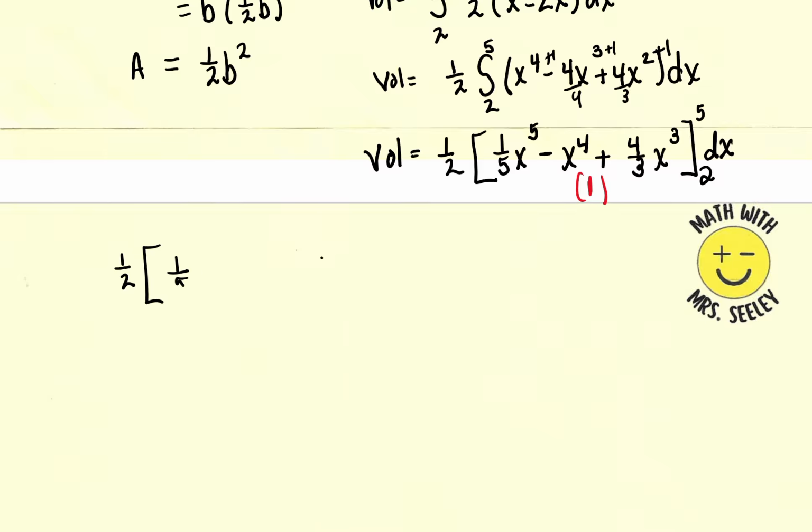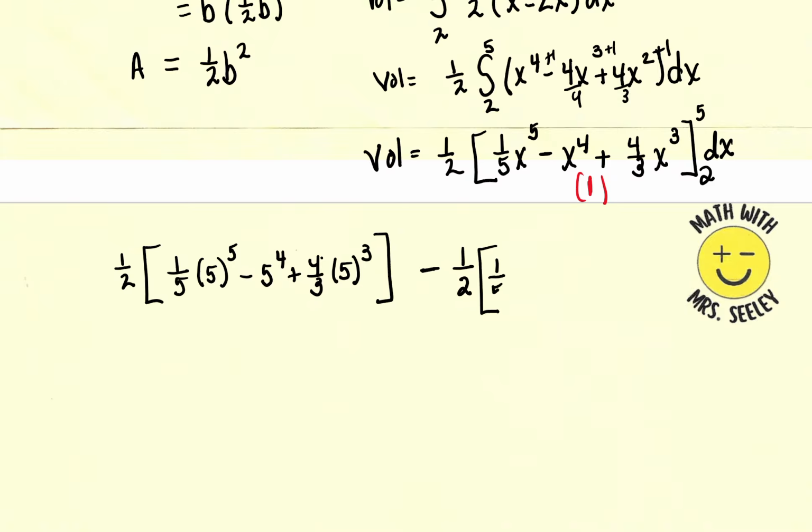So that's 1/5 times 5 to the 5th, minus 5 to the 4th, plus 4/3 times 5 to the 3rd. Then I'm going to have minus, and I can put my 1/2. Now I'm going to put my 2 in. So I have 1/5 times 2 to the 5th, minus 2 to the 4th, plus 4/3 times 2 to the 3rd.